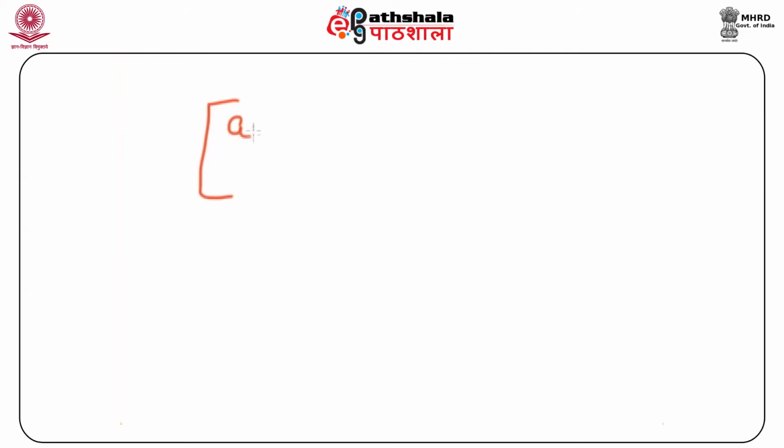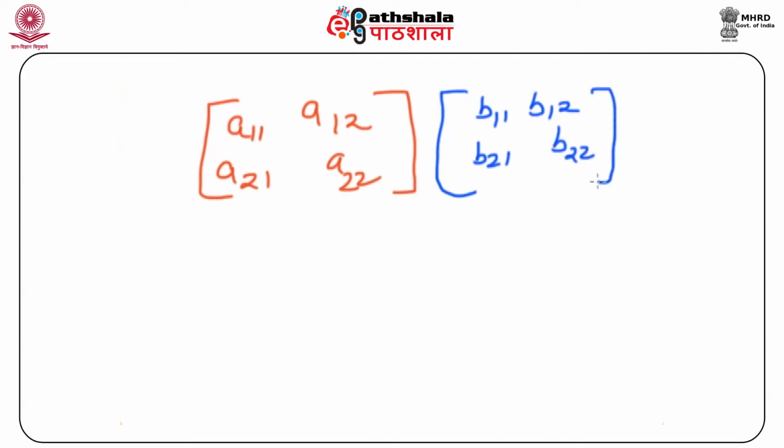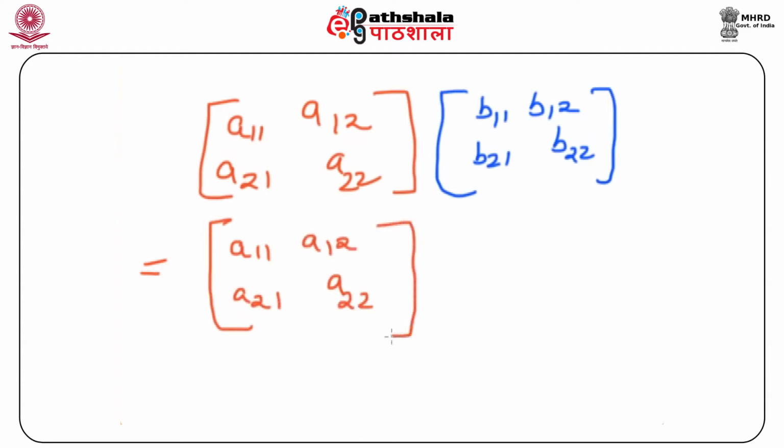So we have these two matrices being multiplied directly. We take this matrix and say that it is being multiplied by this, and this is being represented in terms of this.